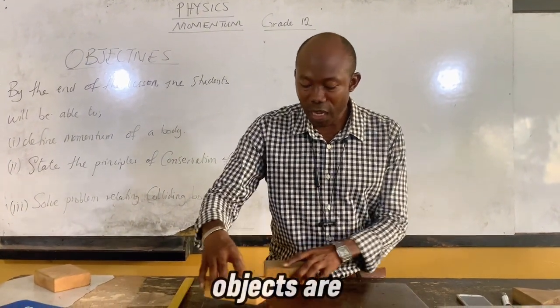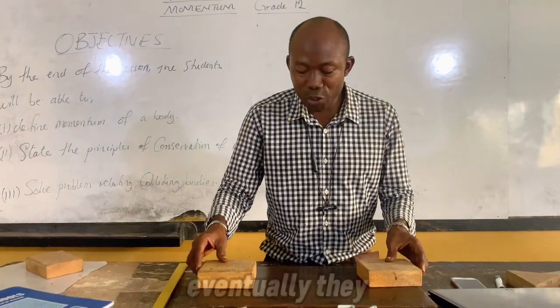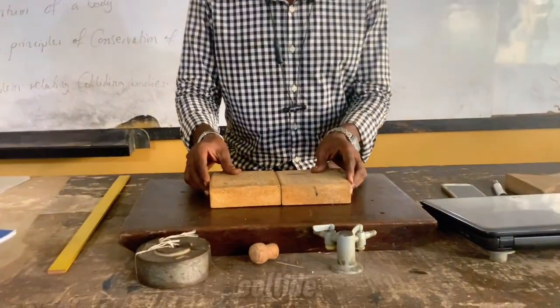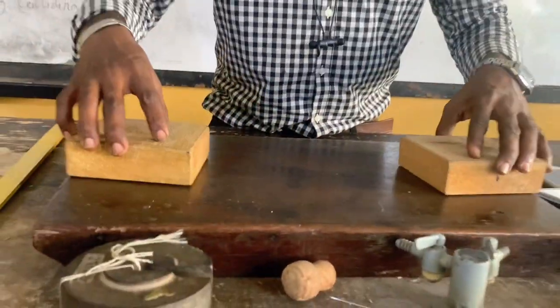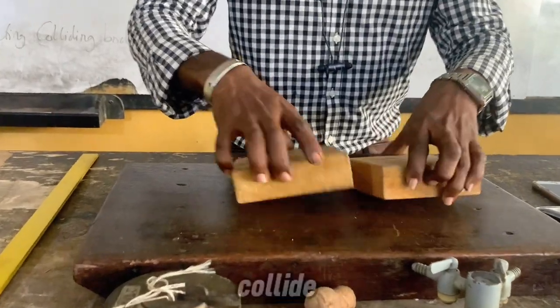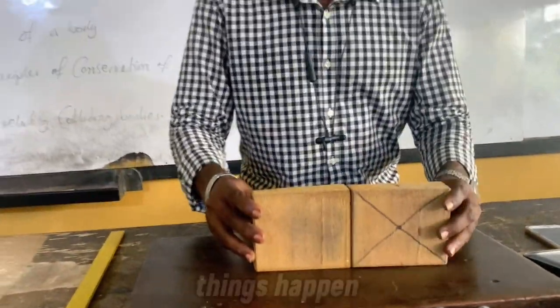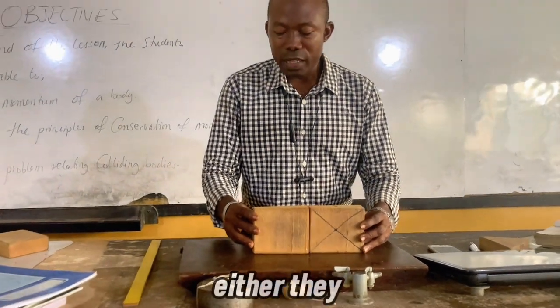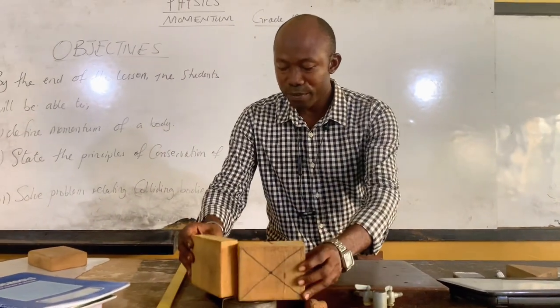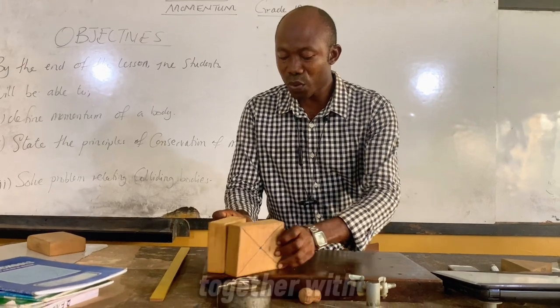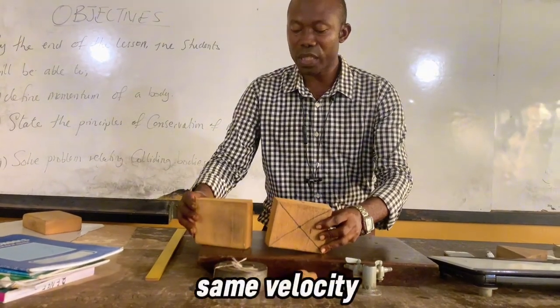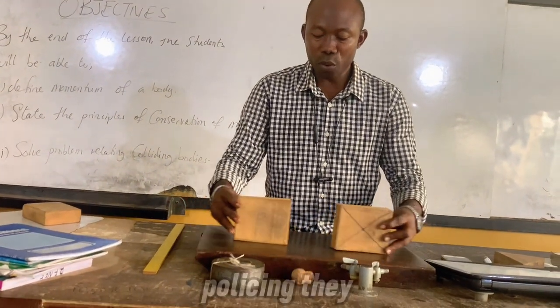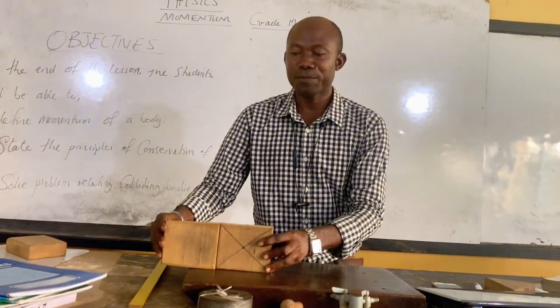If 2 objects are moving and eventually they collide, now 2 things happen. After collision, either they move together with the same velocity, or they stick together.